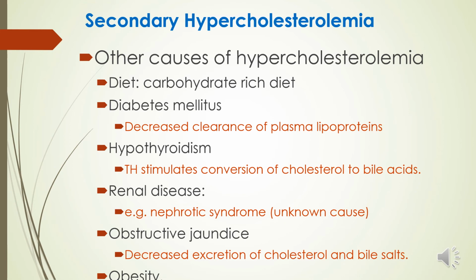The low-density lipoprotein receptor and its metabolism are deranged in diabetics, and there is decreased clearance of the plasma lipoproteins, especially the low-density lipoprotein with its high content of cholesterol.